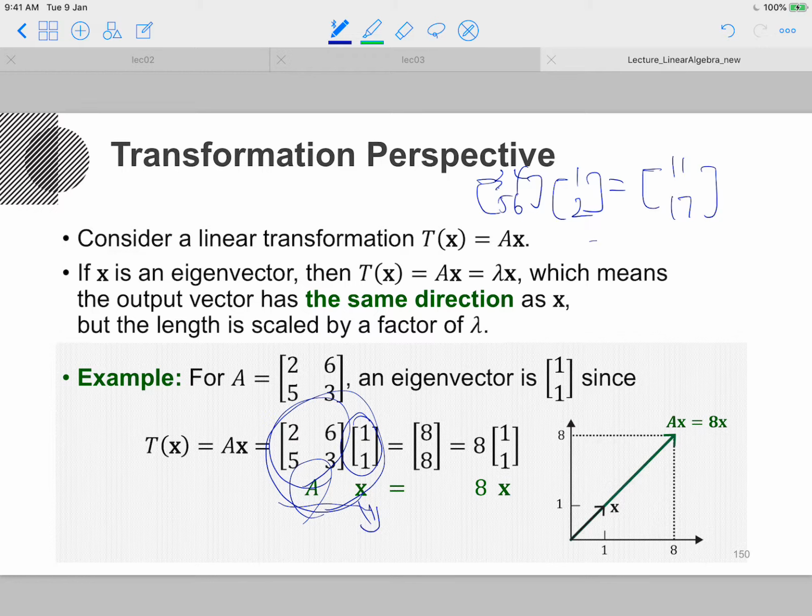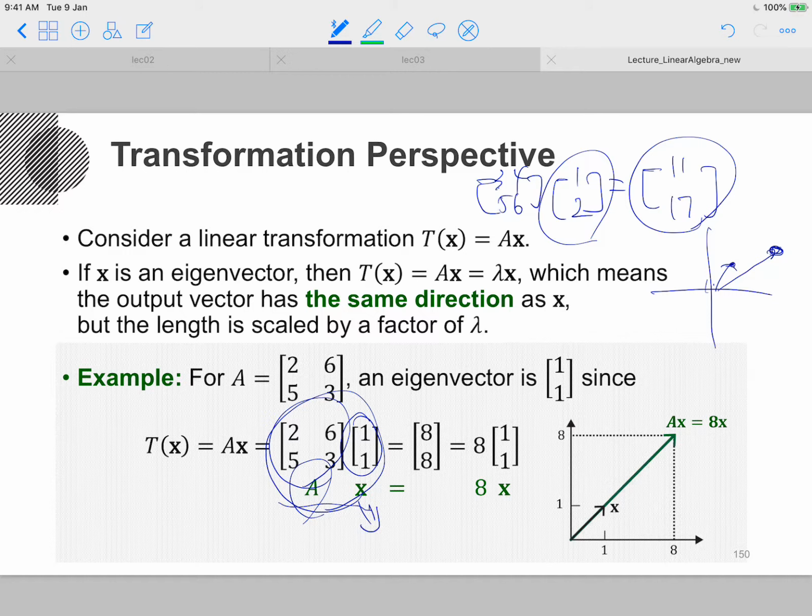Okay, so this vector is somewhere around here, and this vector is somewhere around here, right? And so the vector length changed, and also the direction changed, right? So in general, if we multiply by the matrix A, the resulting vector will have a different length and different direction.